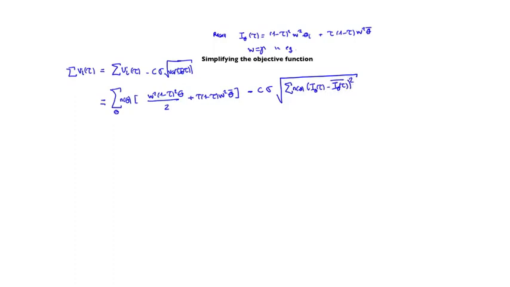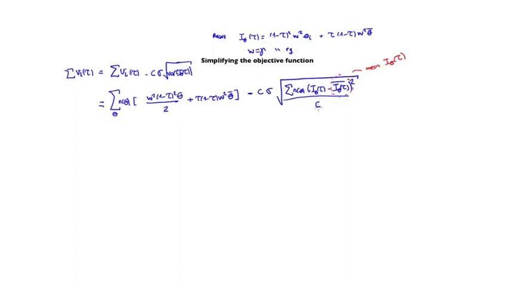Please let me emphasize this term is the mean I theta tau value, and this has to be divided by c. Please notice that the reason we divide by c is because this thing within the square root sign follows directly from the definition of the variance.